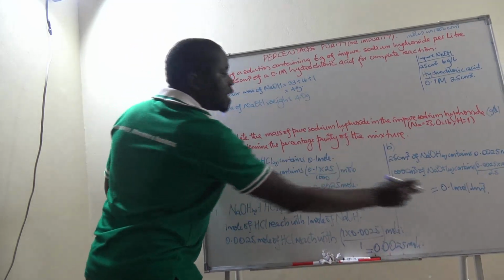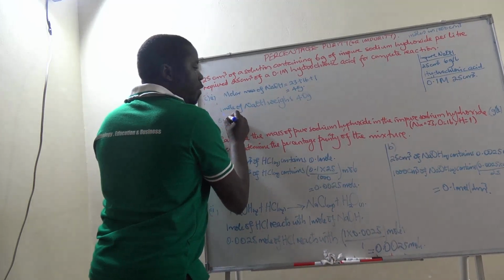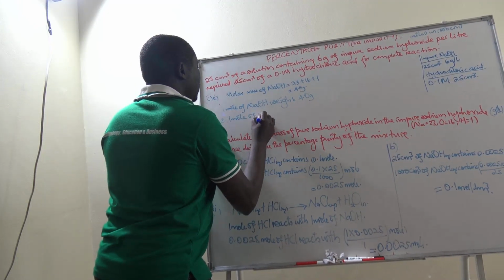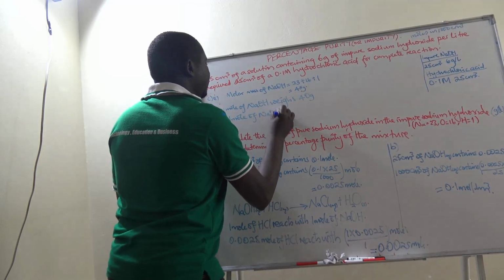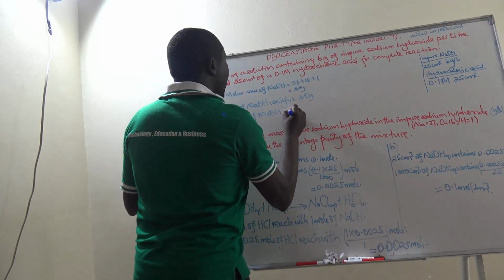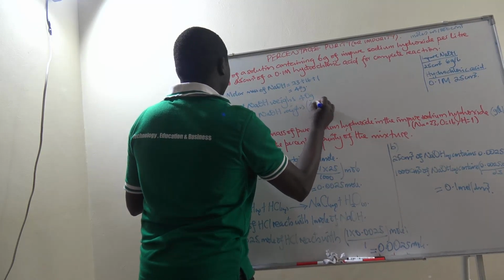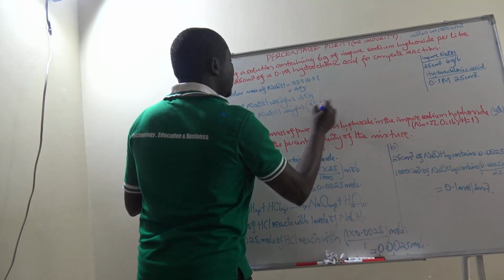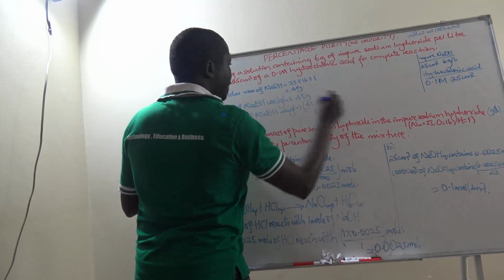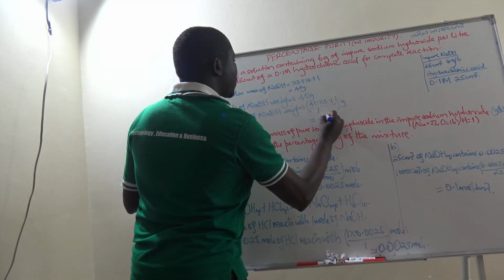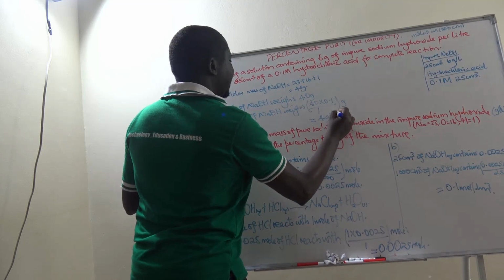And then what of this number of moles? The 0.1 mole of sodium hydroxide weighs, and we cross multiply, it will be 40 times 0.1 over 1 gram. And this one gives me 4 grams per liter.